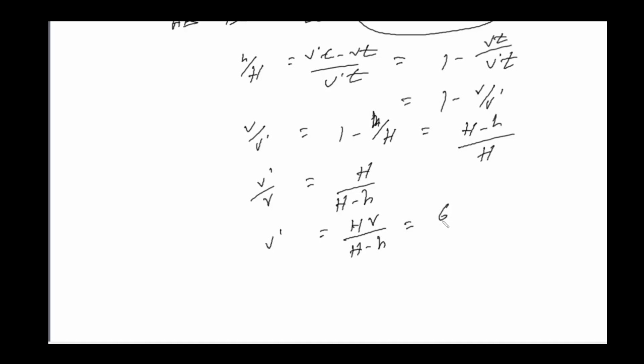Big H is 6 meters. Velocity of the man is 7 meters per second. And again, big H of the lamp is 6 meters minus the height of the man. And this comes to 10 meters per second. The tip of the shadow of the man is moving at 10 meters per second.